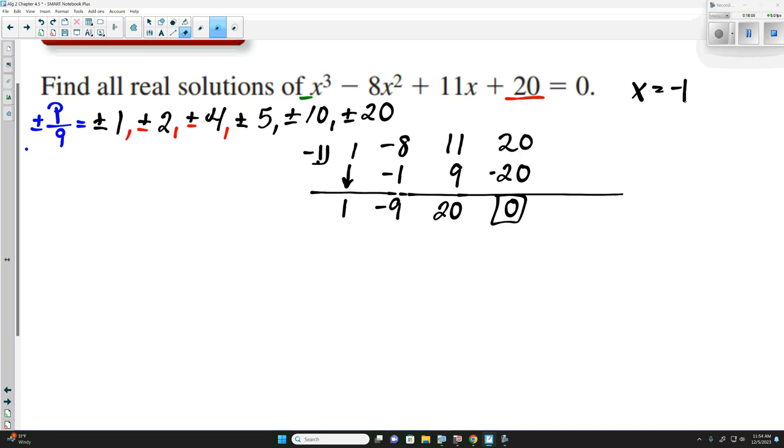So that means x cannot be positive 1 or positive 2. Now negative 1 could work again, or negative 2, or 4, negative 4, 5, negative 5, 10, negative 10, 20, or negative 20.